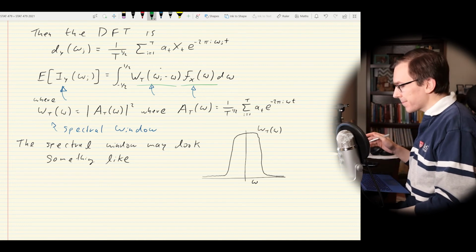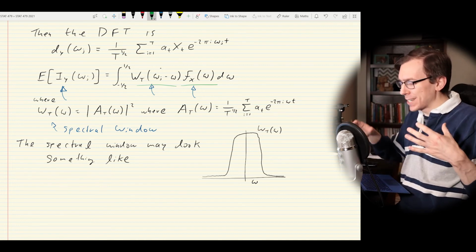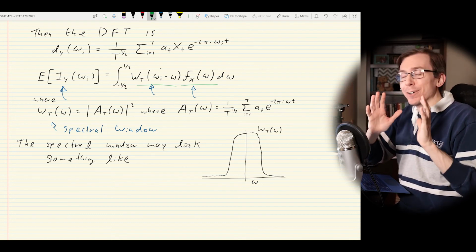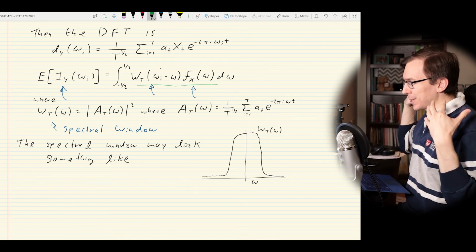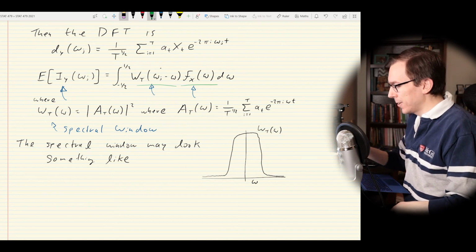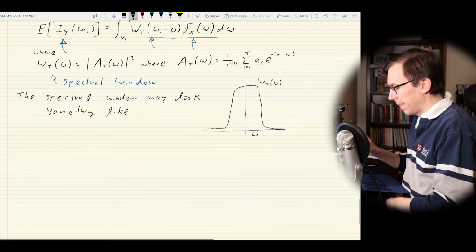The end result is the same: if I'm integrating over all these frequencies, I'm effectively averaging the spectral density over some window of frequencies. So very similar intuition to banding, but it is a different thing.